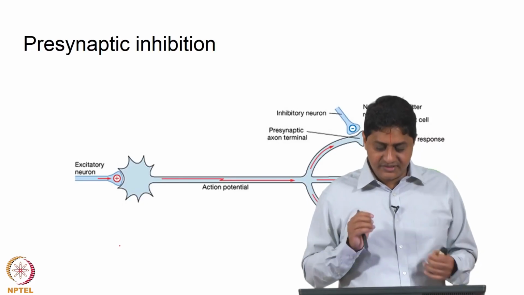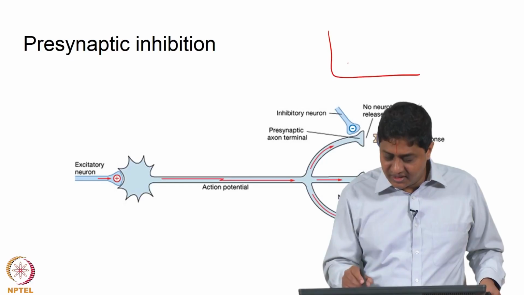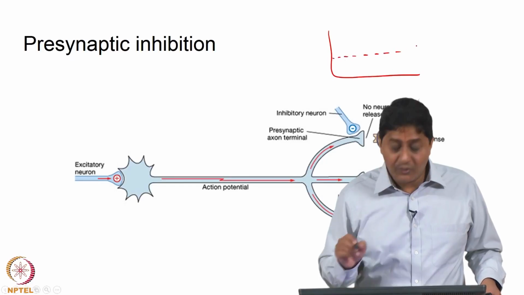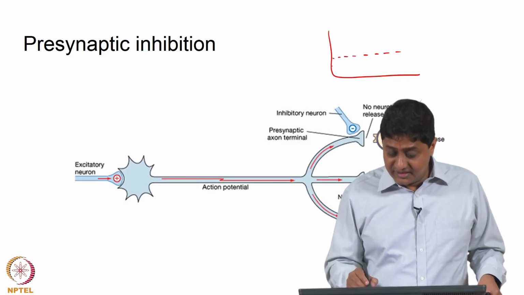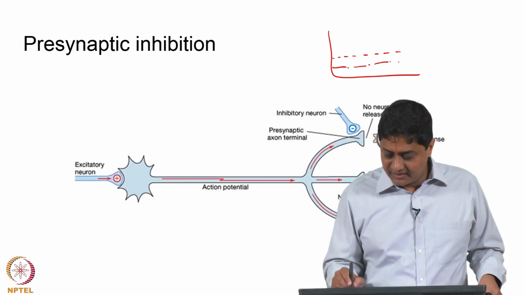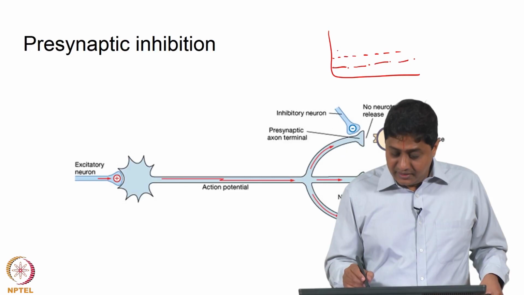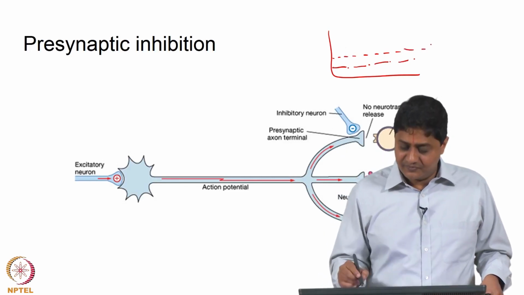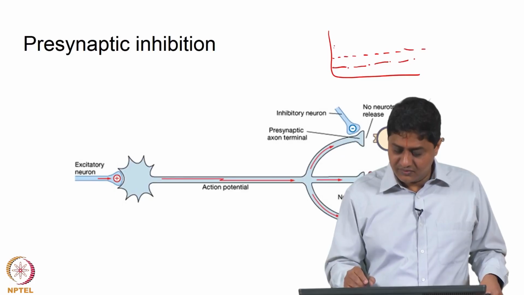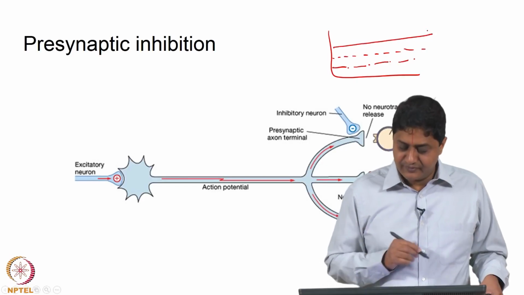So, in other words, suppose the membrane potential earlier, the resting membrane potential, was at that value, for example, and suppose this is the membrane potential now, and a new action potential brings the membrane close to that value, right.